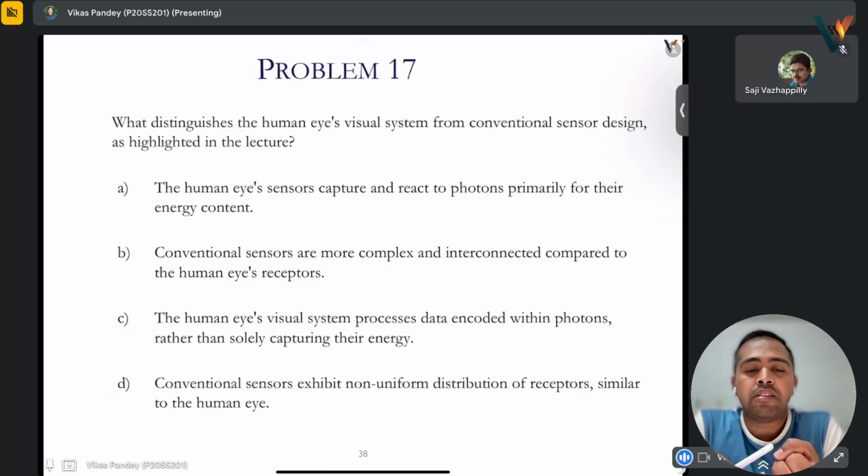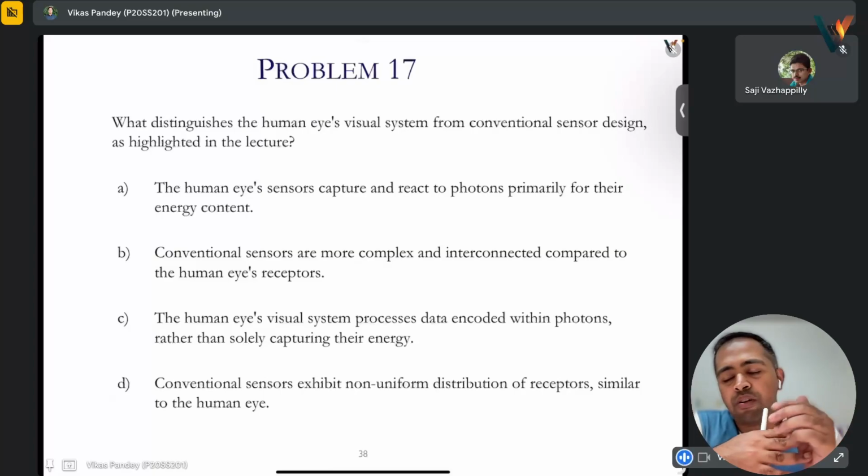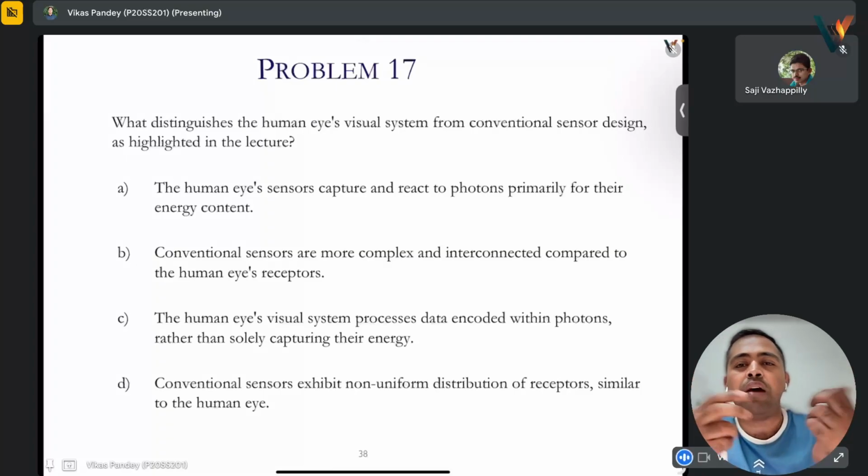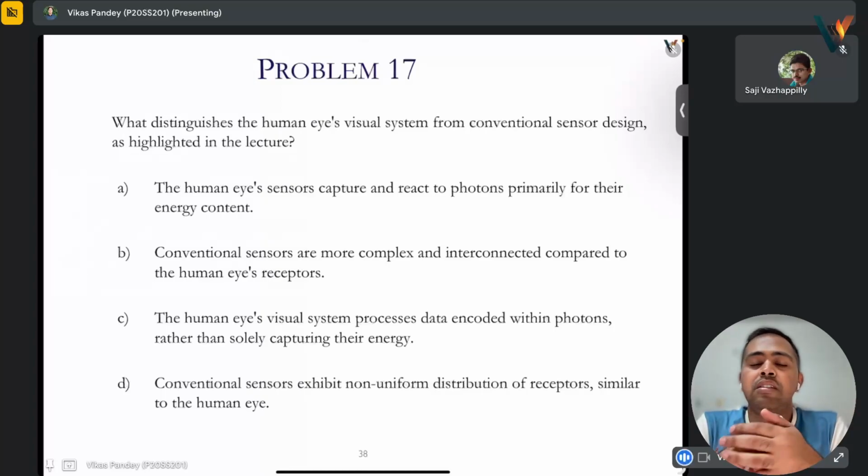Or conventional sensors exhibit non-uniform distribution of receptors similar to the human eye. How is it different? Let's talk about our phone camera system. This is the visual system, right? So how is it different from our human one?